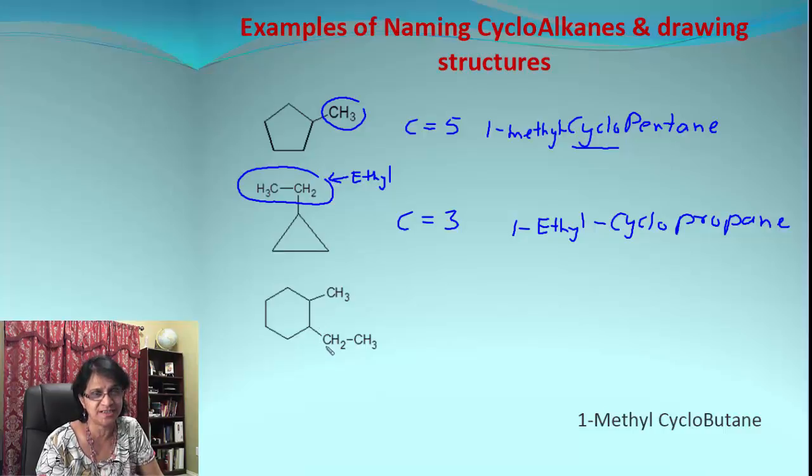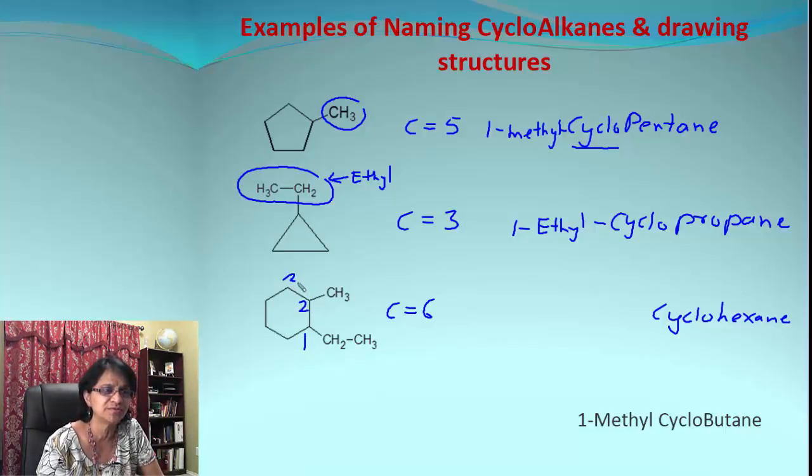We got 2 substituents there. The ring has 6 carbon atoms. So that means it will be cyclohexane. And we got 2 substituents, methyl and ethyl. As a rule, we should begin with the one which alphabetically comes first. So it will be good to number this as 1, this as 2, 3, 4, and so on.